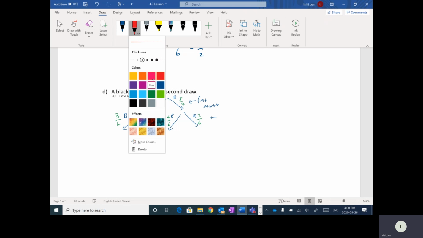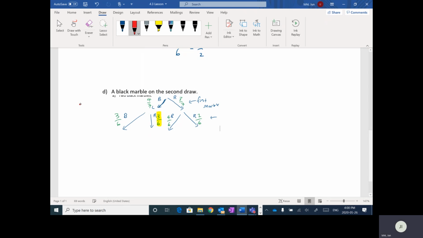Let's go with red. So to get a black one on the second draw is right here. You can go black and black, or you can go red and black. So these two branches. In other words, to answer this question, it's black then black, or red then black.